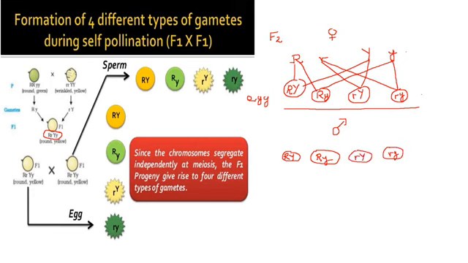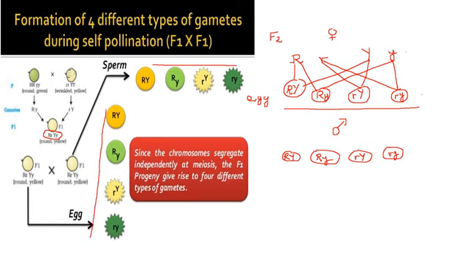That's it. Now the sperms are arranged over here and the eggs are arranged over here. These are the gametes formed from the male and the female.